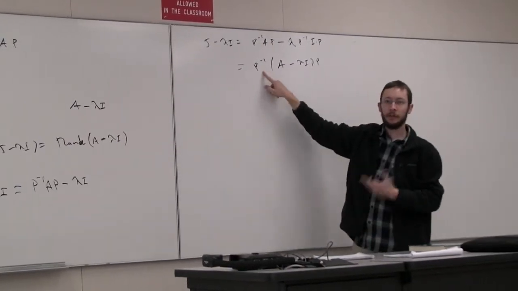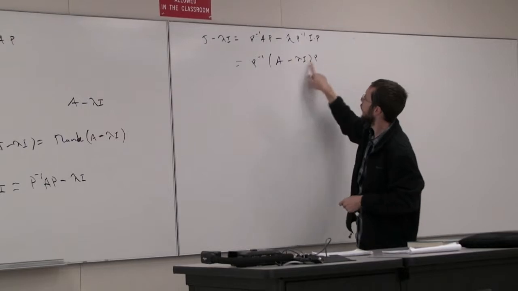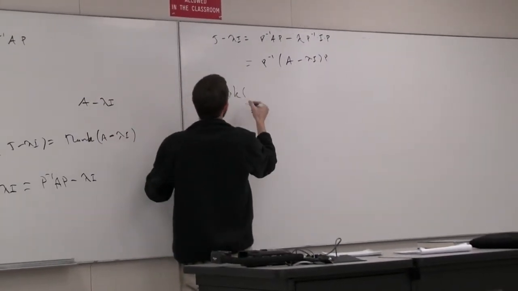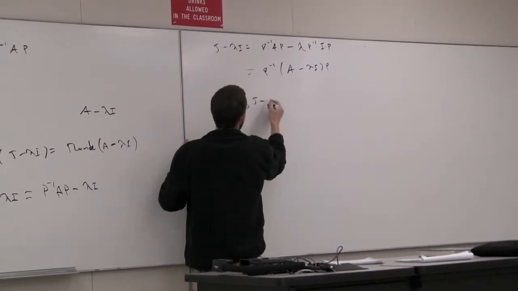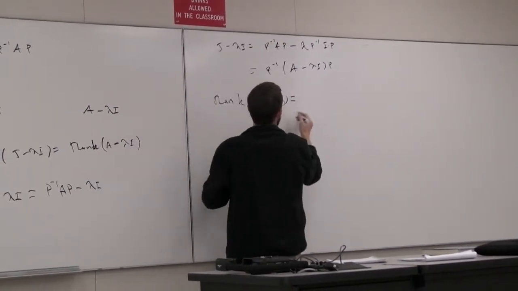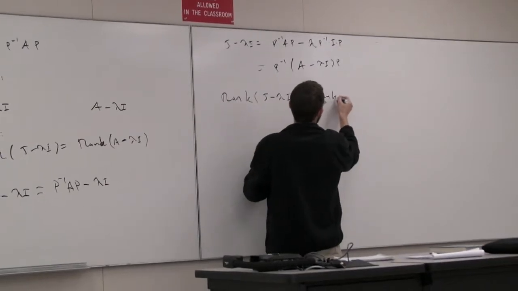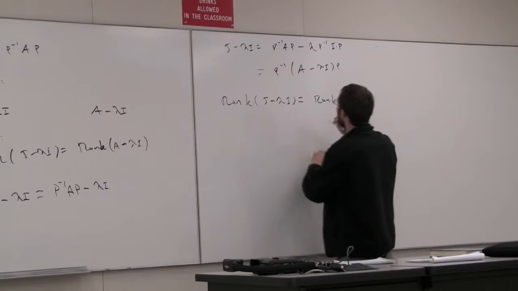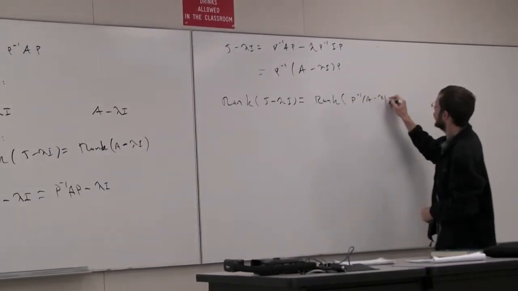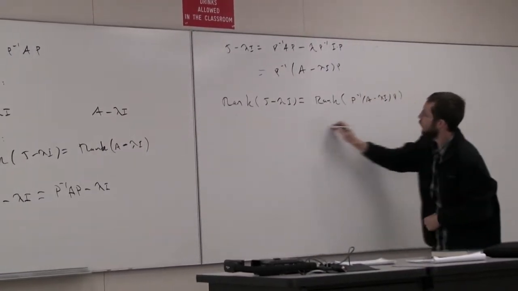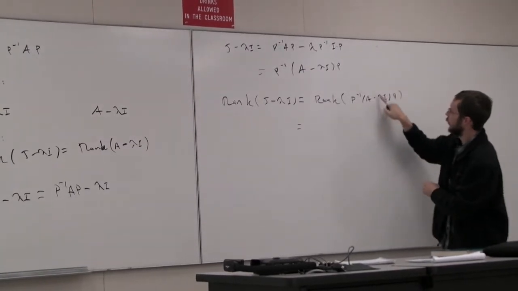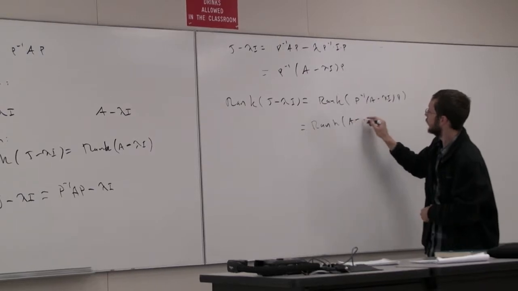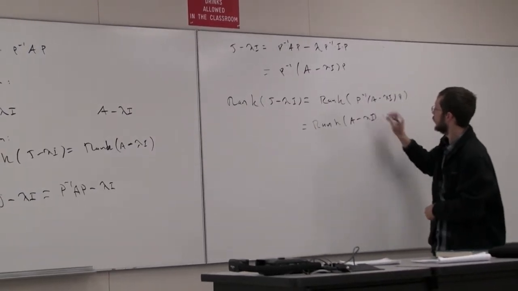Conjugating by an invertible matrix doesn't change the rank of this matrix. So what that says is rank of this is equal to the rank of this, which we know is equal to the rank of the original matrix A minus lambda I. Okay.